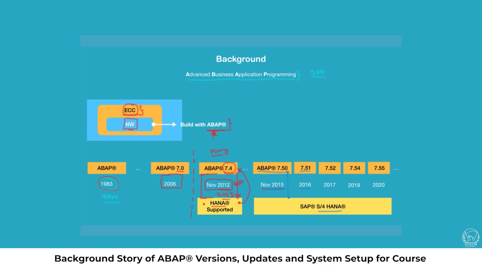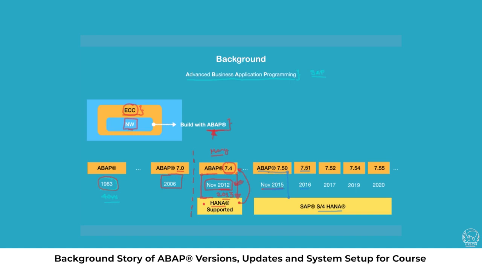In 2016, we have 7.51, in 2017, 7.52, in 2019, 7.54, and in 2022, 7.55, and so on, and it's still going on. Okay, so this was a simplified story of why ABAP 7.4 and ABAP 7.5 came into the picture and when they came into the picture.